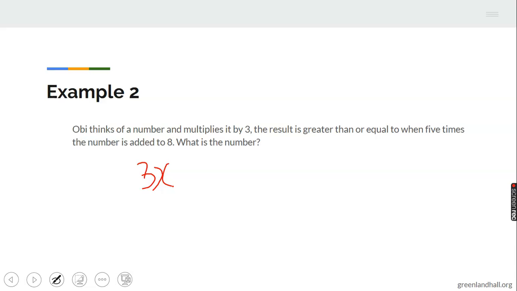So the result is greater than or equal to when 5 times the number, that is 5 multiplied by x, is added to 8. So this, again, is the linear inequality form. We've shifted from interpreting the statement to a linear inequality form, which is solvable.